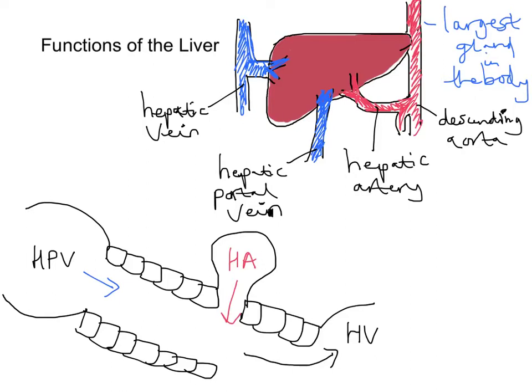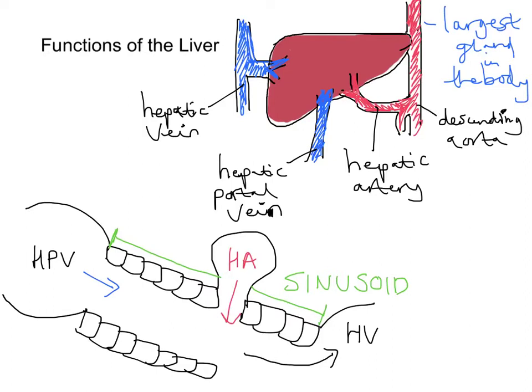Now this whole structure here, all the way across down to here, this is what we call the sinusoid. It's a wide blood vessel, single-layered, porous with no basement membrane.